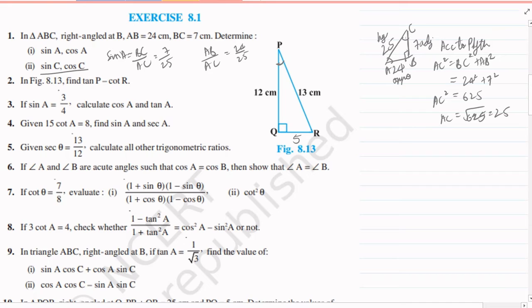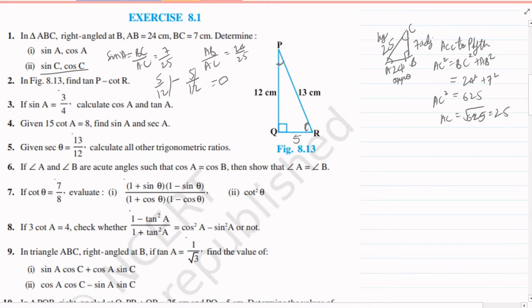I won't be doing it. So tan P is opposite by adjacent, which is 5 by 12, minus what's cot R? Cot R is adjacent by opposite. So it just cancels and you get 0.